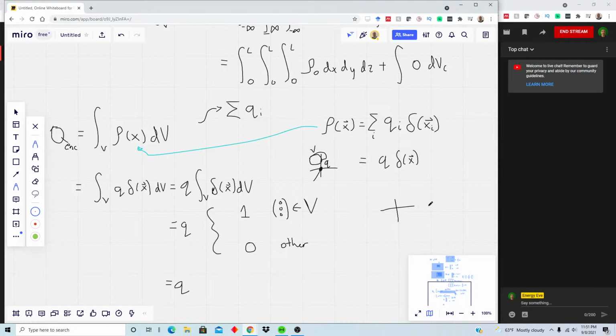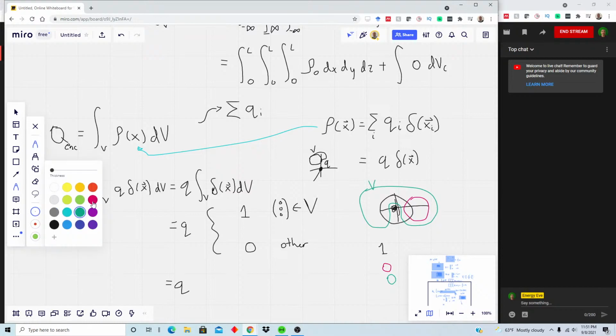But let's say we'll just look at the two-dimensional representation. Let's say that if I integrate over here, then yep, this integral is 1. If I was to integrate here, it's 0. If I integrate everything and then leave out this, it's 0, because this point charge is not enclosed in this volume, right?